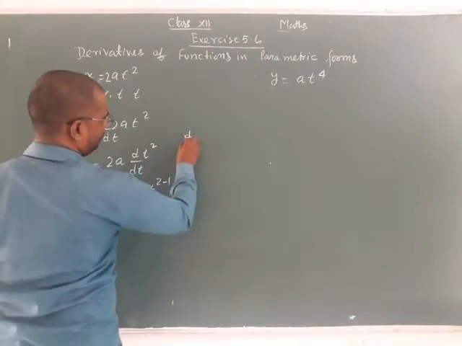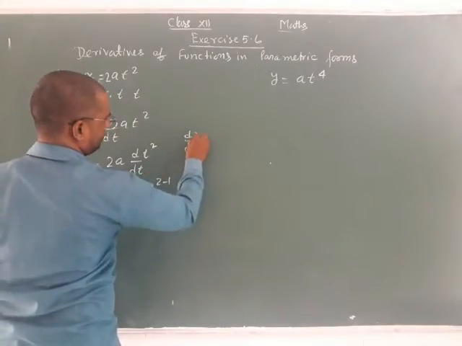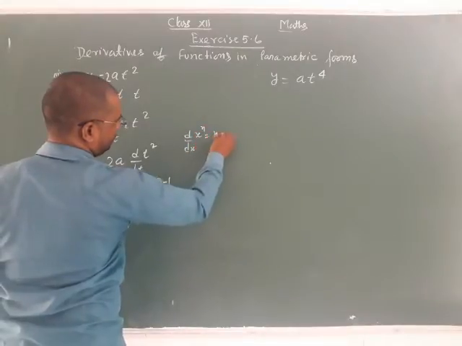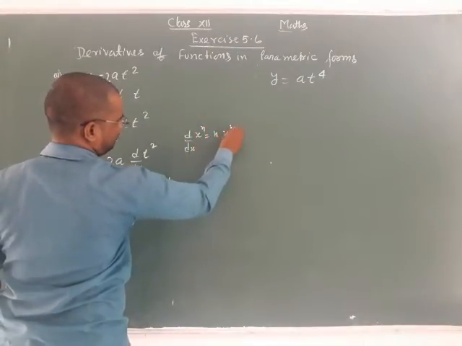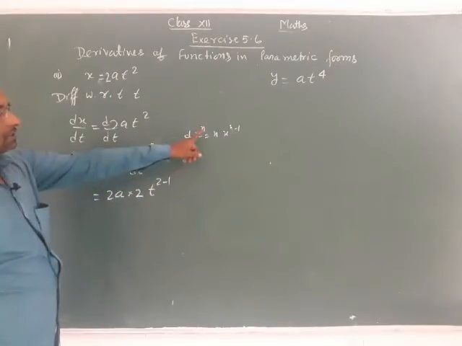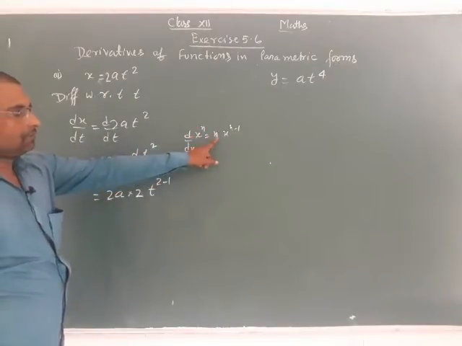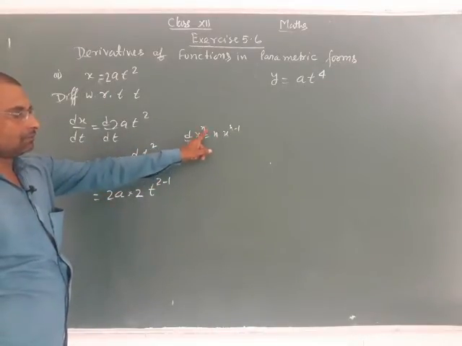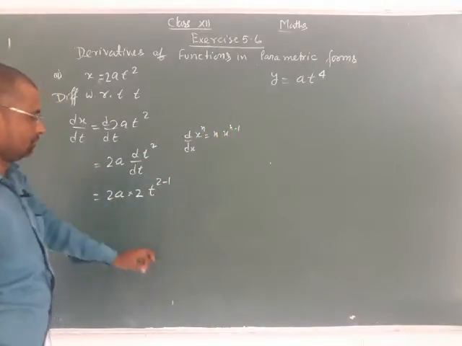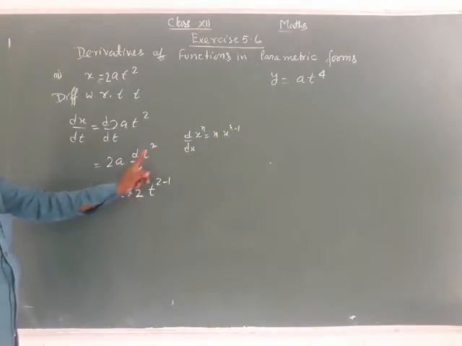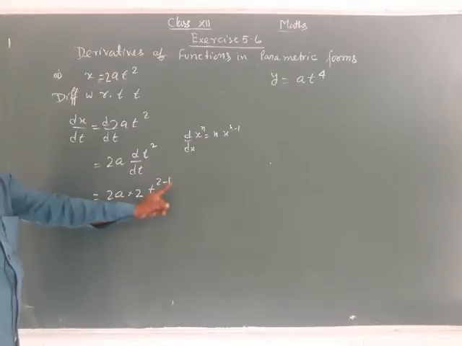Now d upon dx of x to the power n is n times x to the power n minus 1, decreasing the power by one. So use 2 times and 2 minus 1.